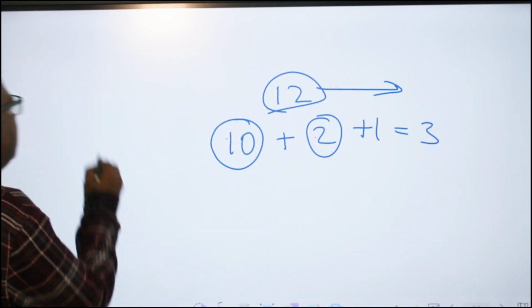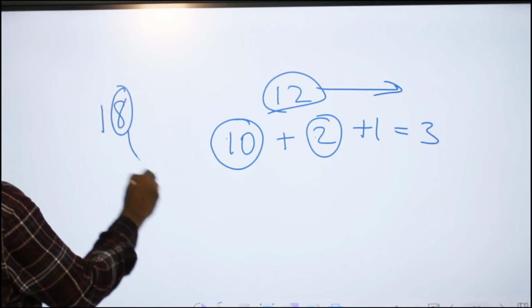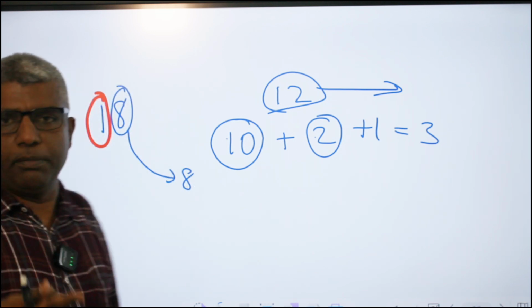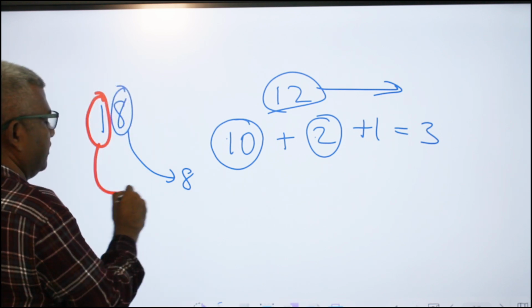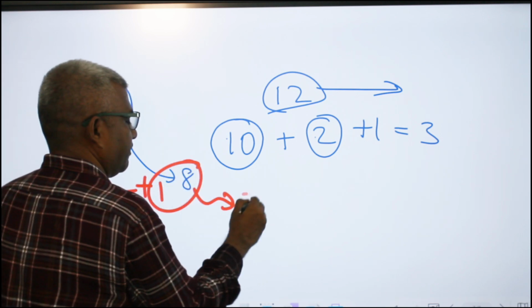For example, 18. In the 10, there is 1 remaining. So 8 plus 1 is 9, and 9 is divisible by 3.